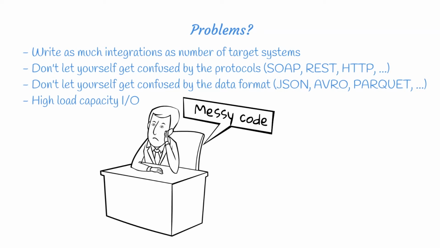Sometimes it's going to be confusing which protocols they are working on. Maybe it is SOAP or HTTP or something else. Or maybe you'll be confused about what kind of data format they are working with. Maybe it is JSON, maybe it is Arrow or Parquet. And don't forget about high load capacity on your input and output systems.